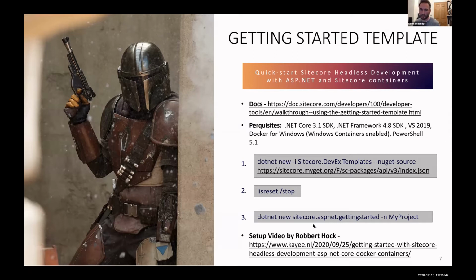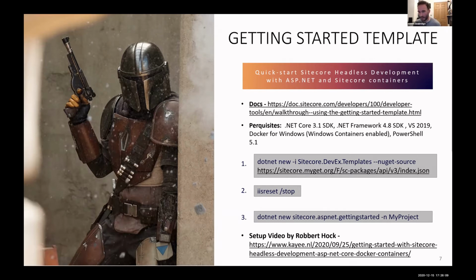There's a video down the bottom of this slide which really goes into the detail of the setup. That's from fellow MVP Robert Hock, and that's really useful. So I'm not going to go into a lot of detail here, but the key steps are to download and install the templates. That's step 1 here on the slide: dotnet new, and then pass in the template name and the source.